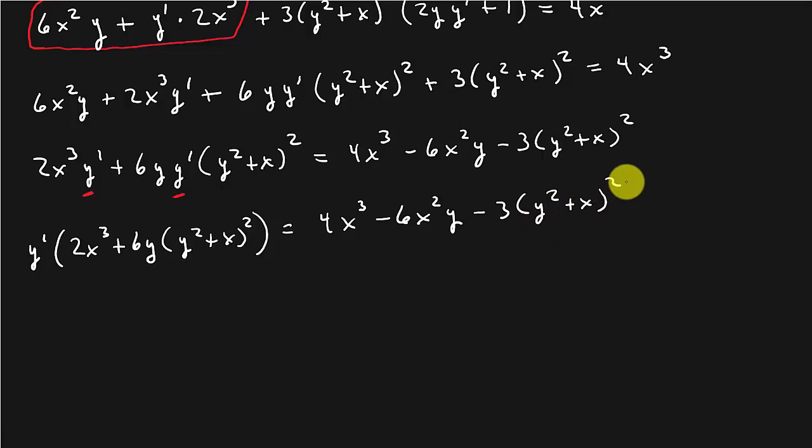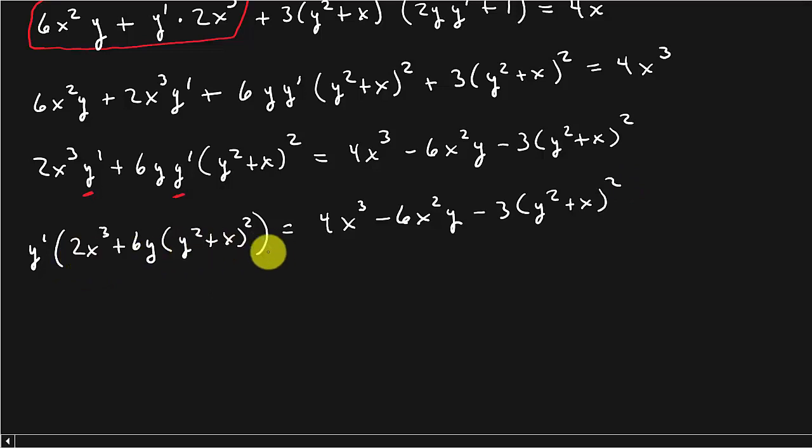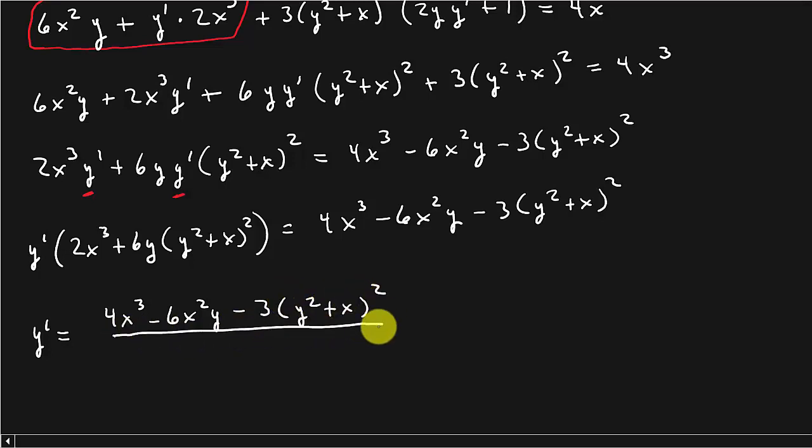All right, and so now we just divide both sides by this, and that's going to leave us with y prime is equal to 4x cubed minus 6x squared y minus 3 times y squared plus x squared, over 2x cubed plus 6y times y squared plus x squared.